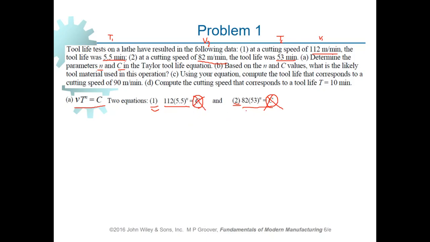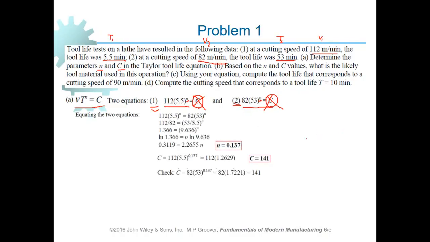This makes it possible for us to compute the value of n, the exponent. In order to make that happen, we make use of the natural logarithm. We can take the natural logarithm from both sides, making it possible for us to compute the value of n. So we do it this way.